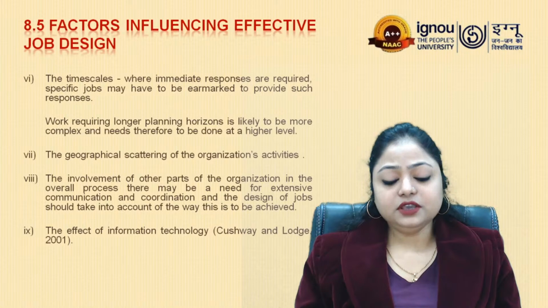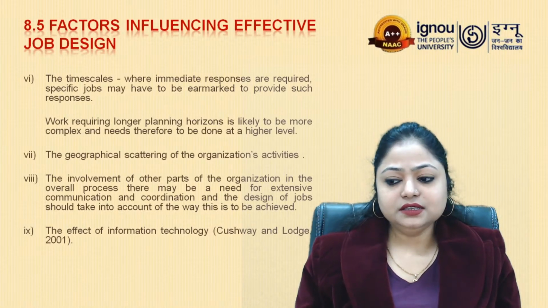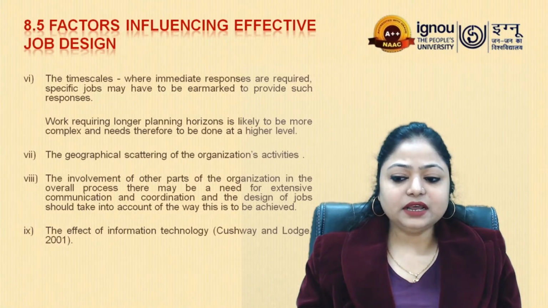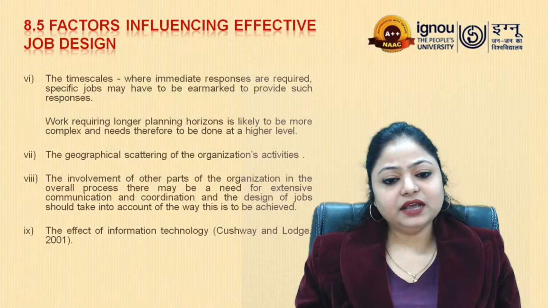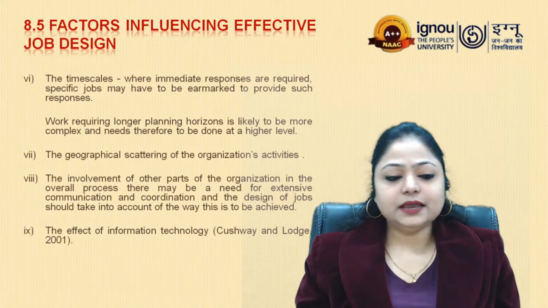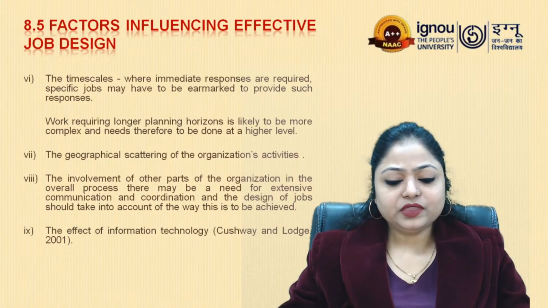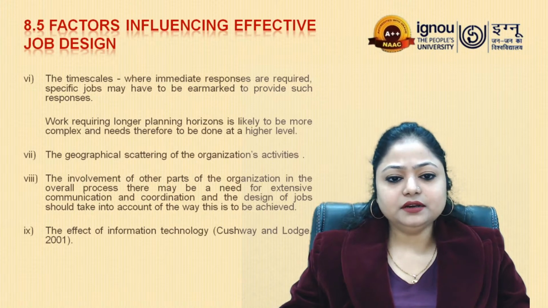If we have two different branches in the same city, and one branch deals with loan sanction, and one branch deals with savings and other types of accounts, then these two can be interdependent upon each other.